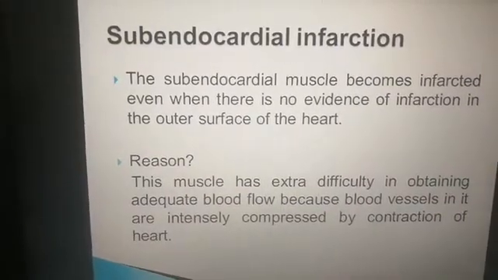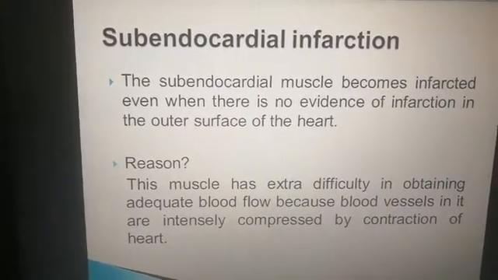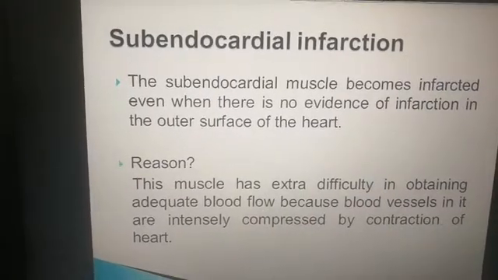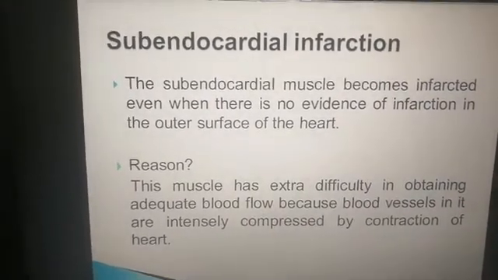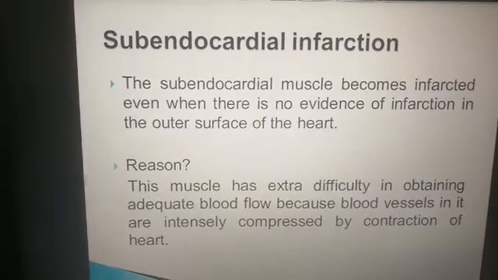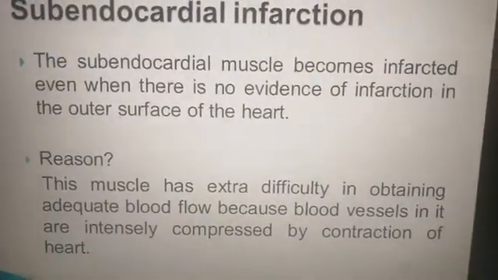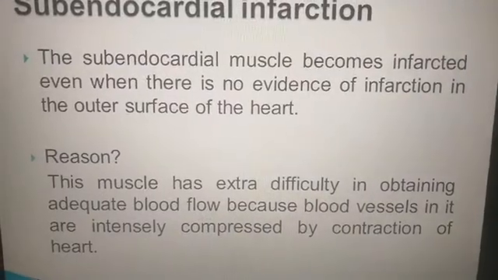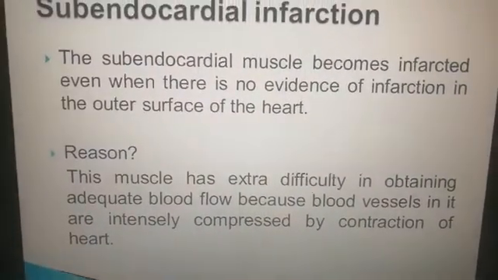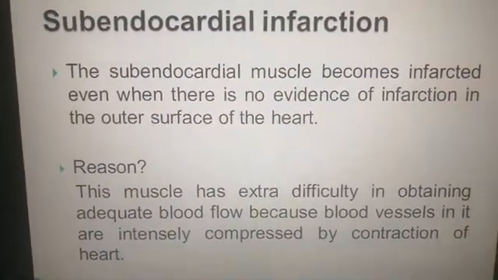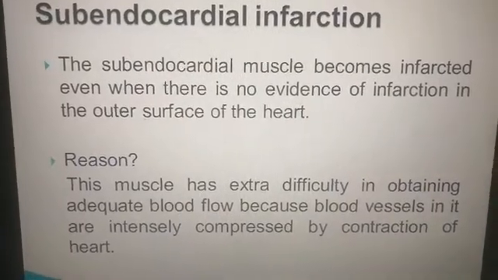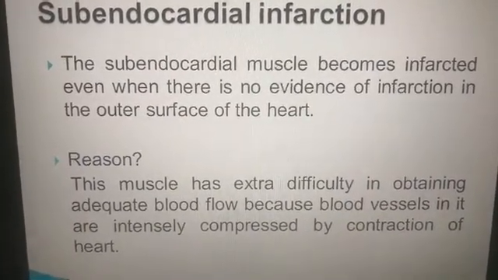In subendocardial infarction, the subendocardial muscles become infarcted even when there is no evidence of infarction on the outer surface of the muscle. What is the reason for subendocardial infarction? Why does it occur first?